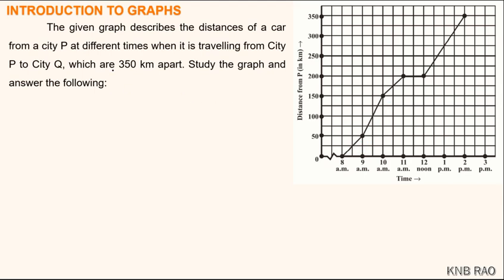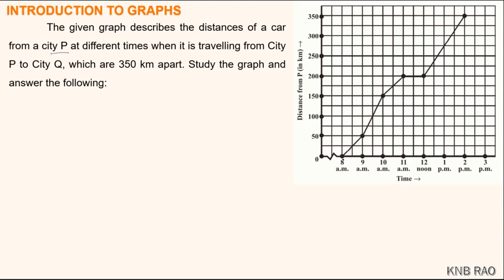The graph describes the distance travelled by a car from city P at different times when it is travelling from city P to Q. With respect to city P, the distances of a car while travelling from P to Q, which are 350 km apart, you could see.